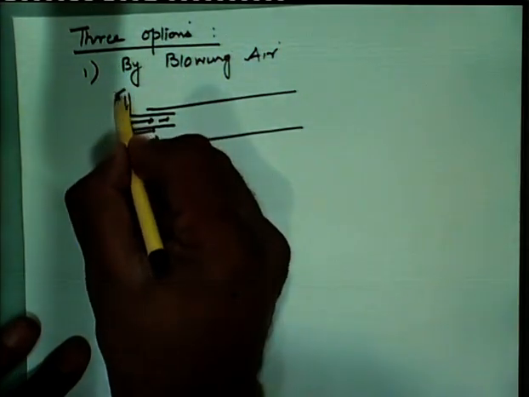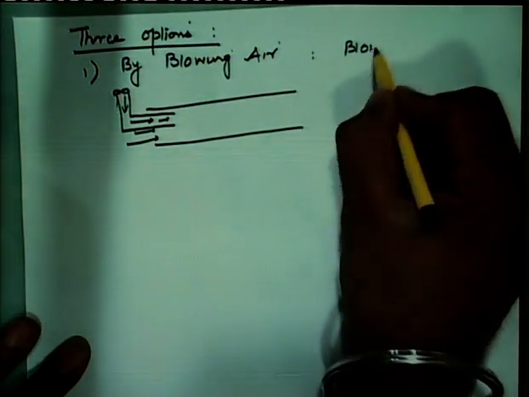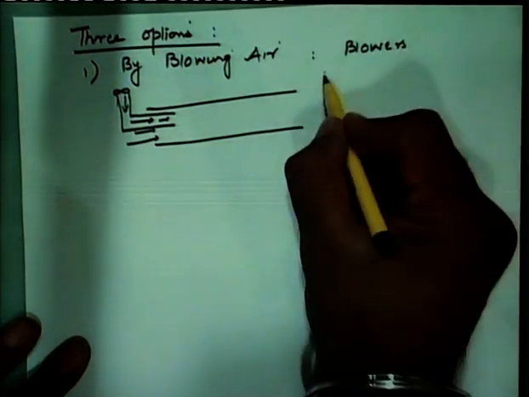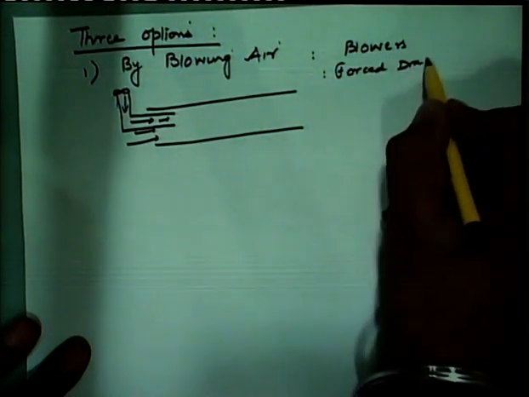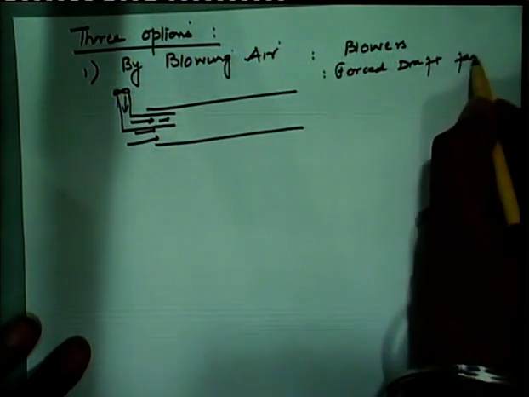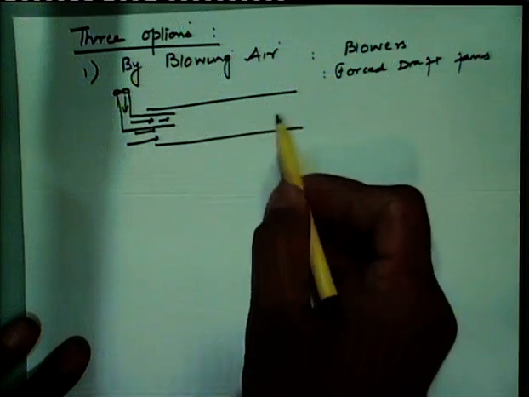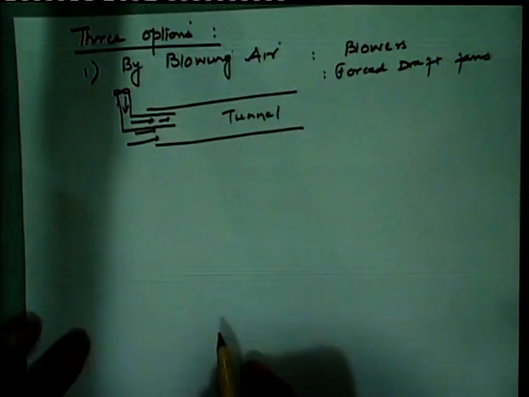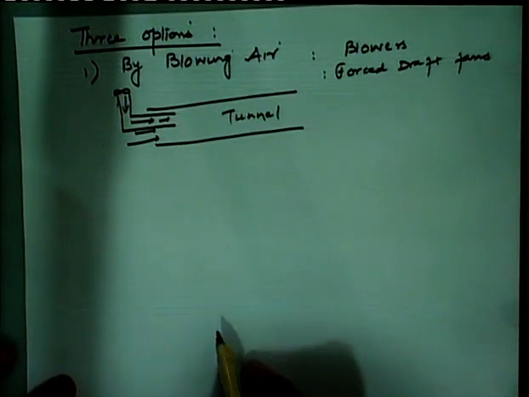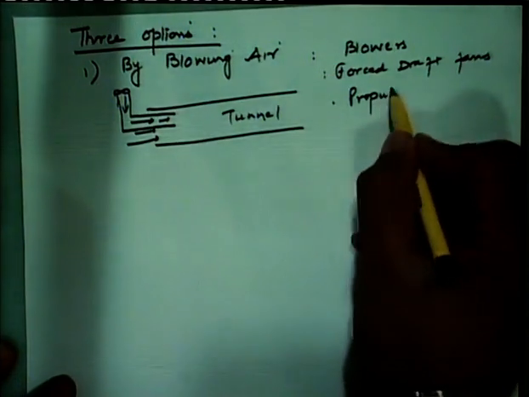By providing fans or blowers, also called forced draft fans, we can give mechanical ventilation by blowing air inside this tunnel. This method is also called the propulsion method.